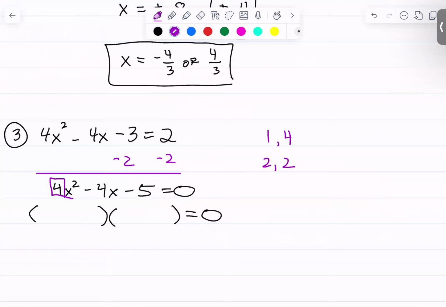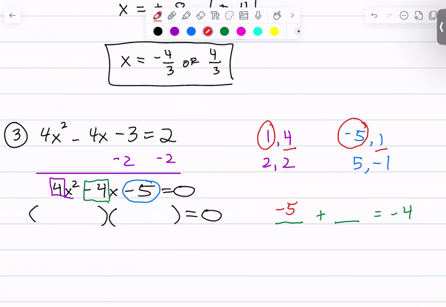So the sum needs to be equal to negative 4, by multiplying these out. So if we try it out, 1 times negative 5 is negative 5. 4 times 1 is 4. That does not work, right? It does not equal negative 4, so those two are not my numbers. Let's try another one.